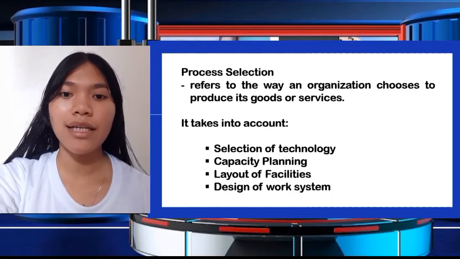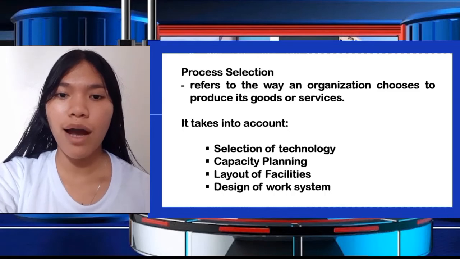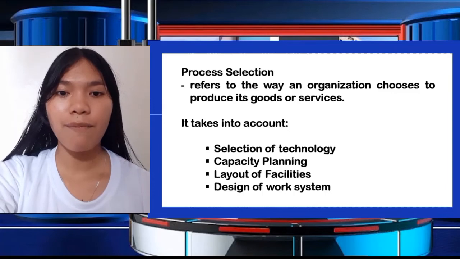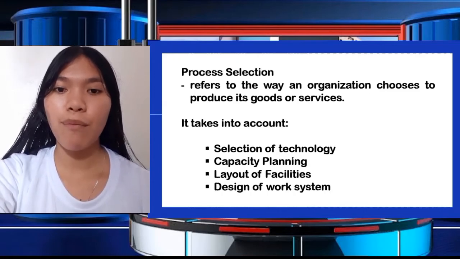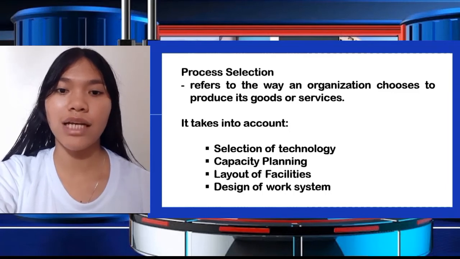For example, if an organization will produce chocolates, the first thing they will do is purchase their raw product, like the cacao, which in turn becomes chocolate. So if you are manufacturing chocolate, the technology you use is suited to the operations or to the products you are going to produce. The organization really has to make sure they select the best or good technology.